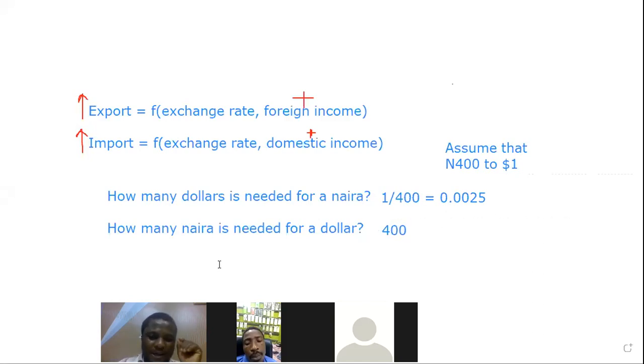Because our currency is highly depreciated, just like Lawson said, why should I say my exchange rate is 0.0025? Because that means I need $0.0025 to get 1 naira, which is not even up to a cent.